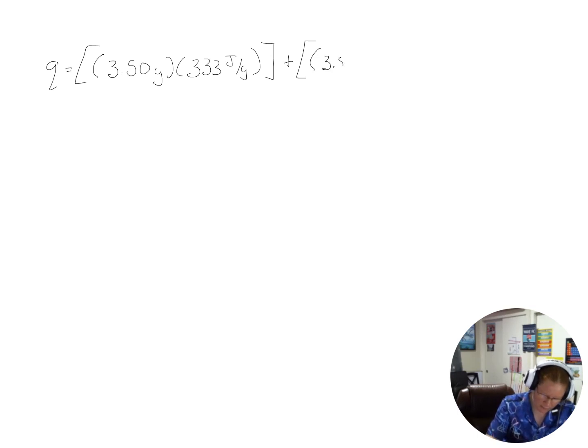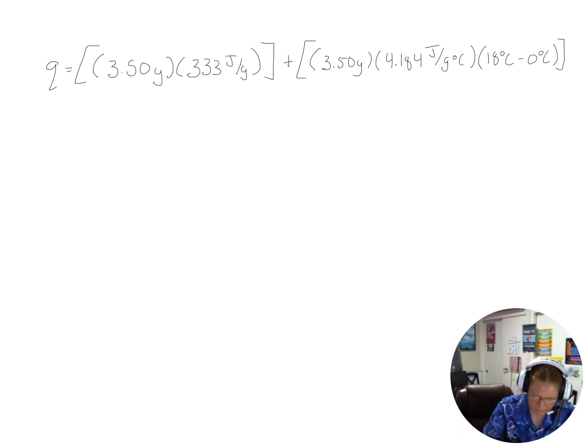So we still have our 3.50 grams because it just melted. Nothing happened to it. It just went from solid to liquid. Our specific heat of water is 4.184 joules per gram degrees Celsius. And then our change in temperature, we had 18 degrees Celsius minus 0 degrees Celsius, so 18 degrees.